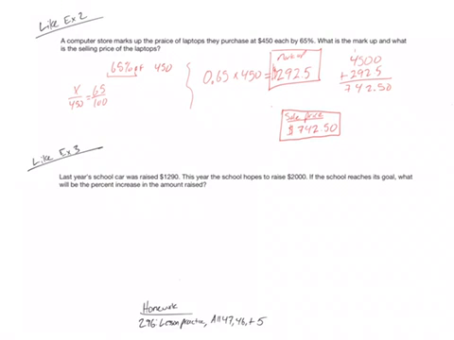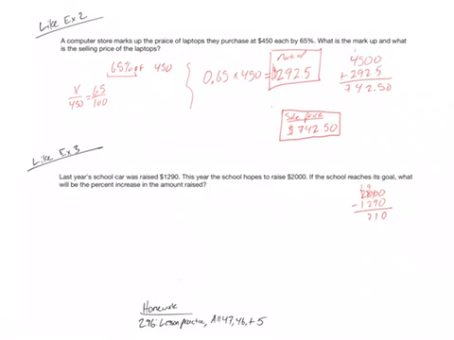Alright, this is like example 3. It says last year's school car wash raised $1,290. This year the school hopes to raise $2,000. If the school reaches its goal, what will be the percent increase in the amount raised? So this one's going to be like the one we did on the previous slide, where we need to find out how much it changed. So I'm going to say 2,000 minus 1,290. So it changed $710.